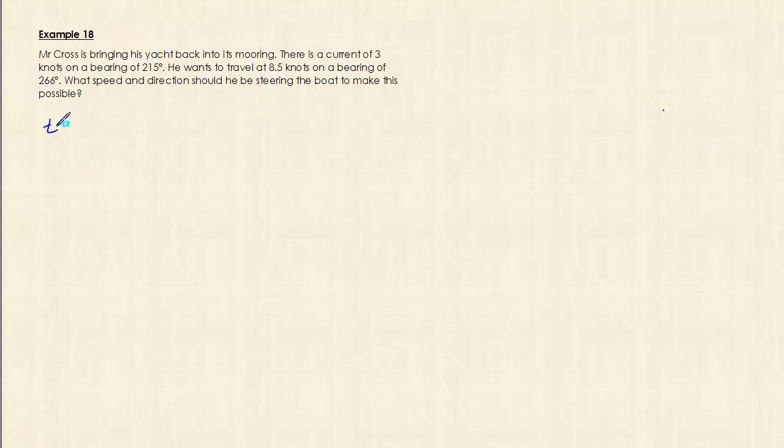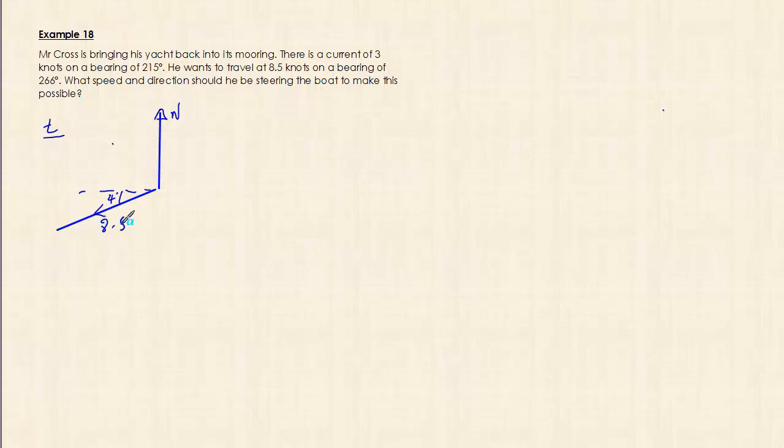So we know true. That's what he actually wants to do. So he wants to go at 8.5 knots on a bearing of 266. So that's down in this direction. And since this is 270, this would only be 4 degrees here.